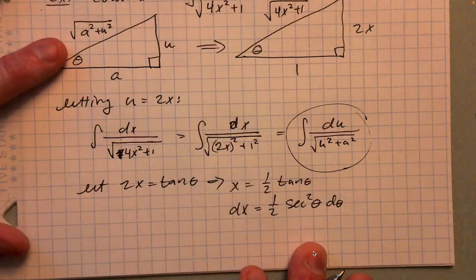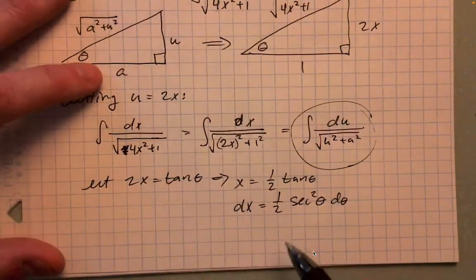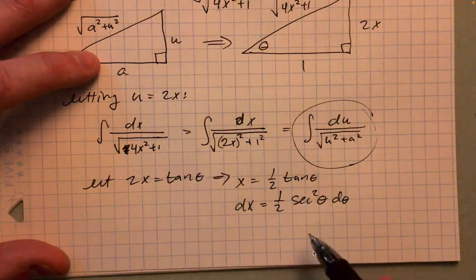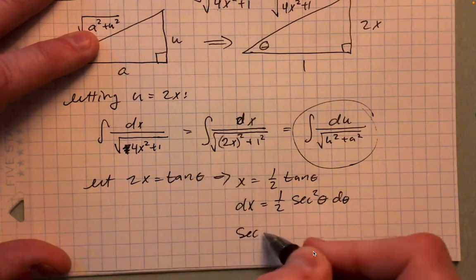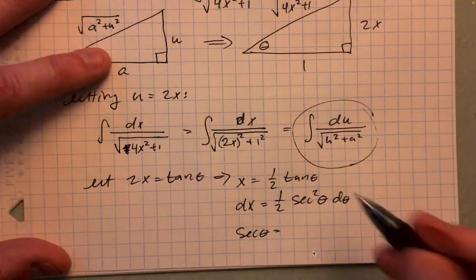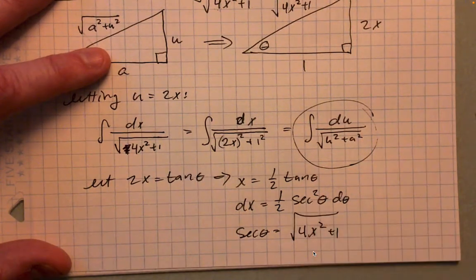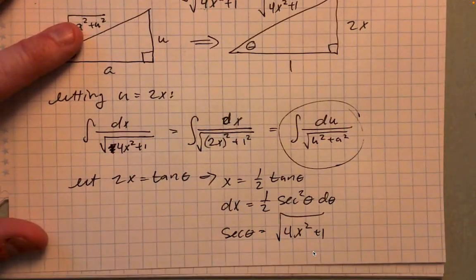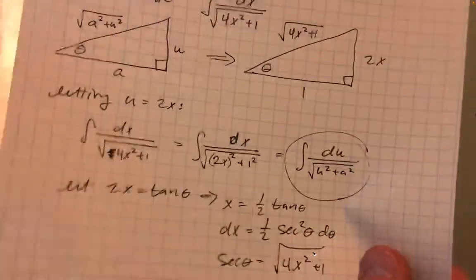And then, what is secant theta? Secant's 1 over cosine, right? So that means secant of theta is going to be equal to the square root of 4x squared plus 1, referencing this table for all of these pieces. Okay, so now I think we have all the pieces that we need to do the substitution.